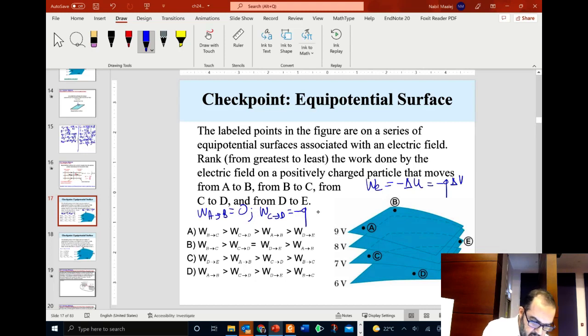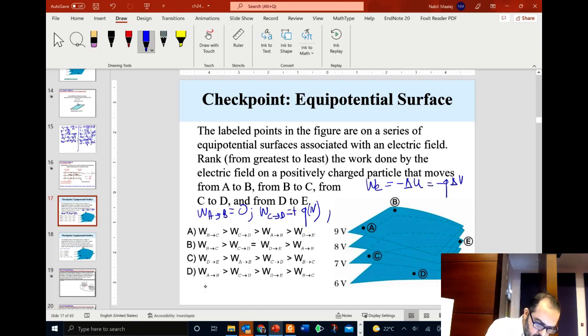Minus Q delta V, we have a positive charge, so it's minus Q times minus 1 volt. Yes, that's correct, thank you, so that's plus QV. I forgot the minus sign.